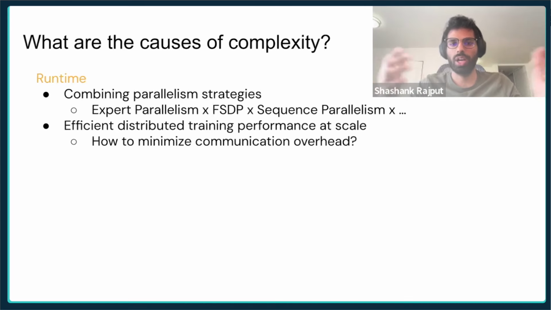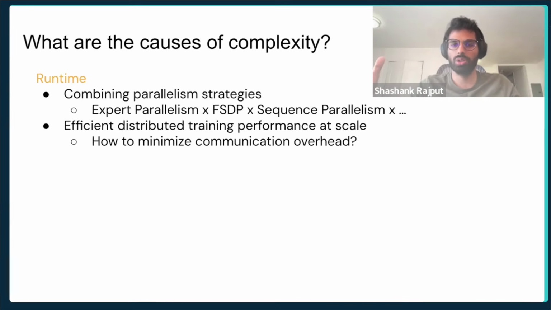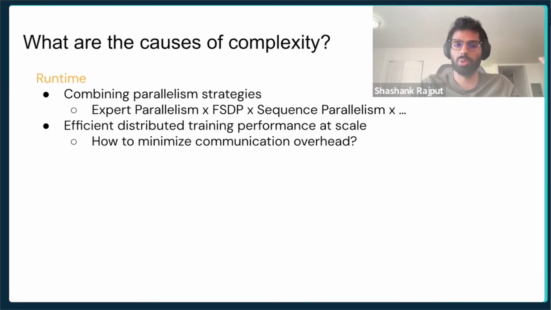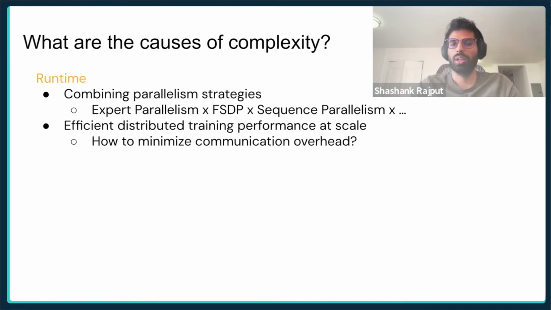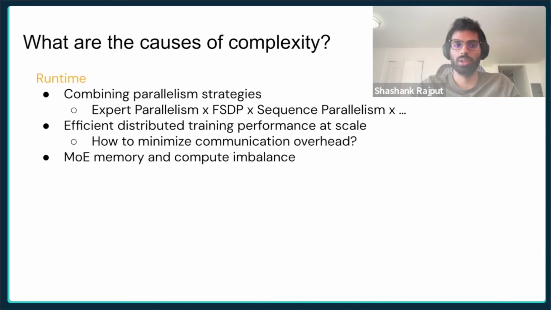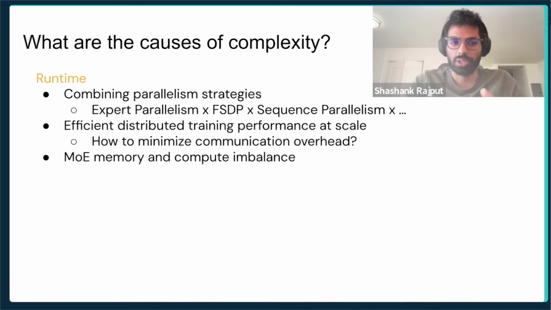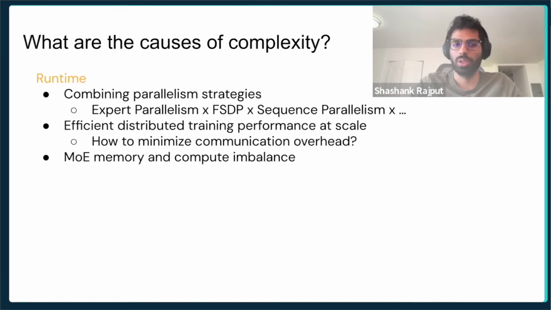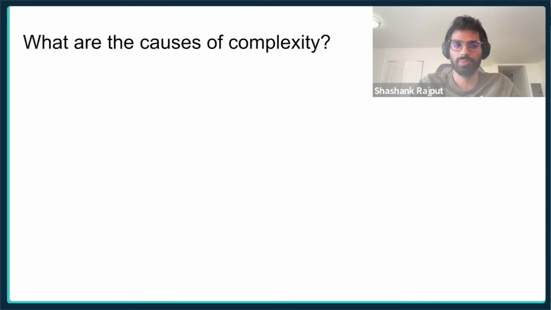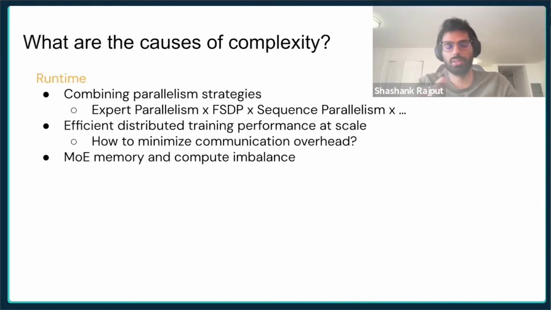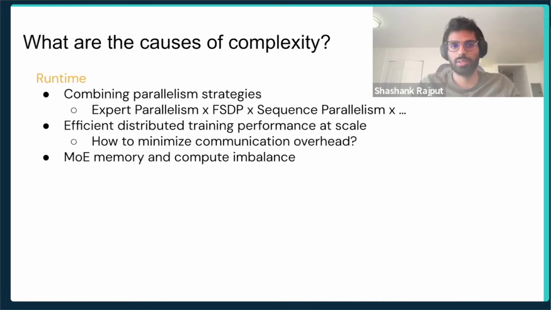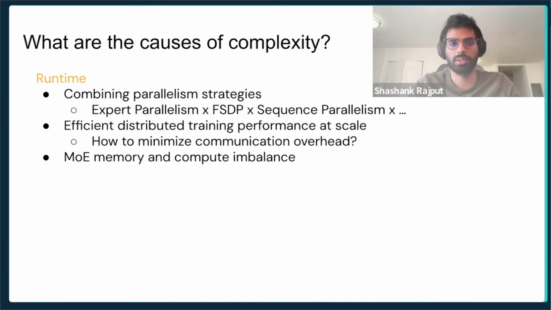So while increasing the number of GPUs, you need to ensure that per GPU efficiency is also maintained. Stuff like minimizing the communication overhead becomes very important there. As I mentioned before, for mixture of experts, you also need to worry about memory and compute imbalance between the GPUs. So these are just a few of the things on the runtime side whose complexities increase as scale increases.